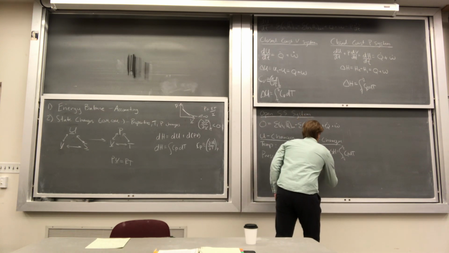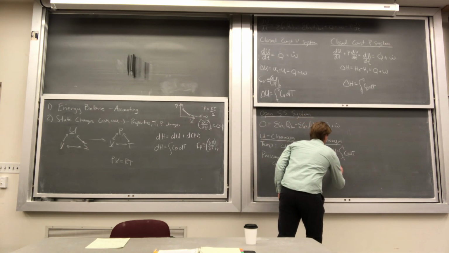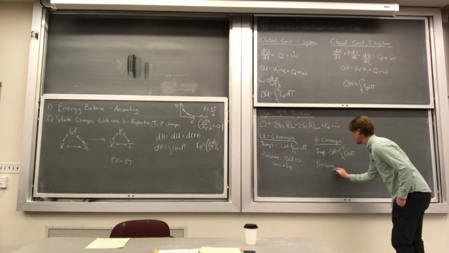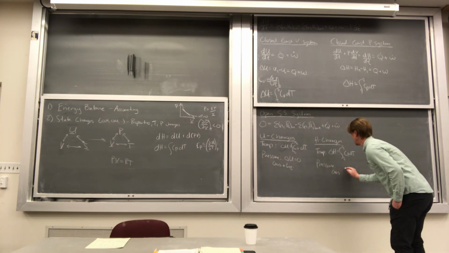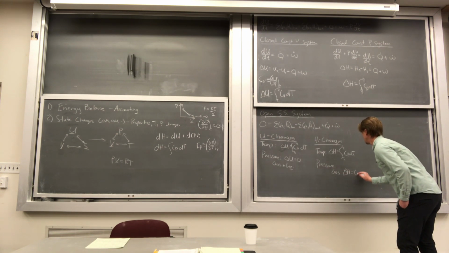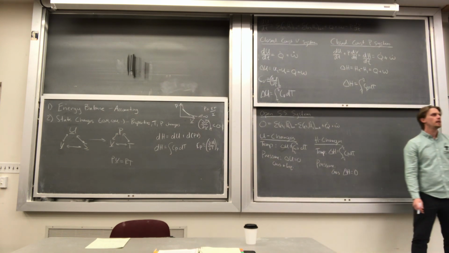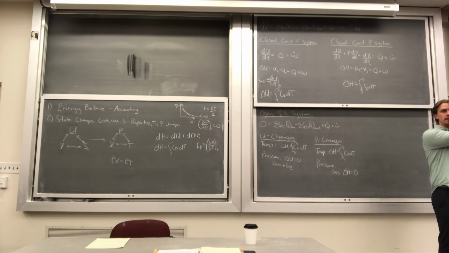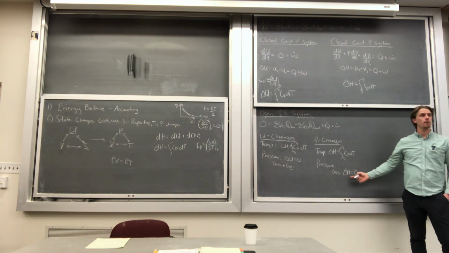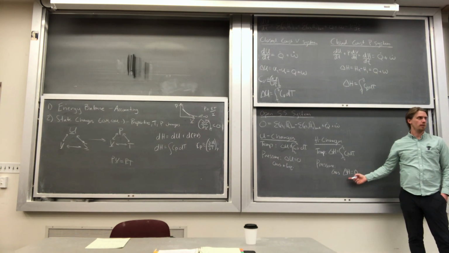For pressure changes for gases, delta H is 0. This is only true if you have an ideal gas, but this is the calculation that you'll spend some time on in your thermodynamics 2 class.